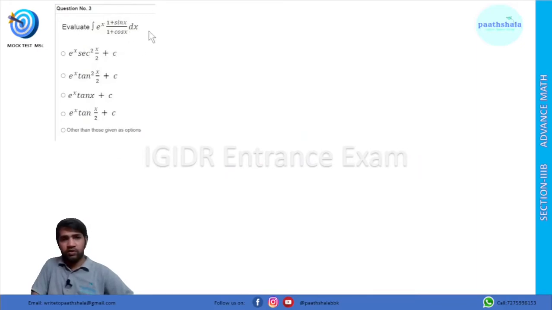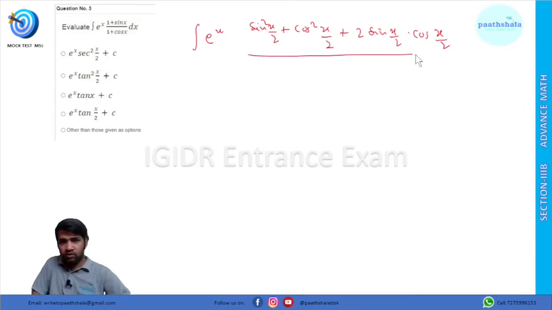So in this question we have to find out this integral. So let's rewrite this integral. For this 1 plus sine x, I can write 1 as sine square x by 2 plus cos square x by 2, plus this sin x can be written as 2 sin x by 2 into cos x by 2, whole divided by 1 plus cos x, where cos x can be written as 2 cos square x by 2 minus 1, and here dx.